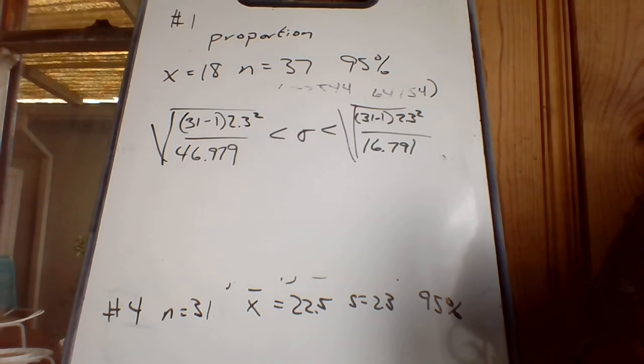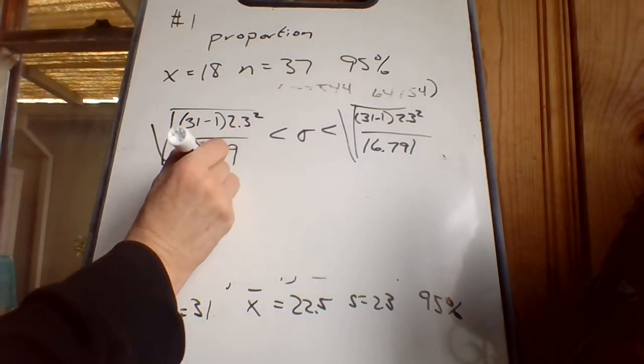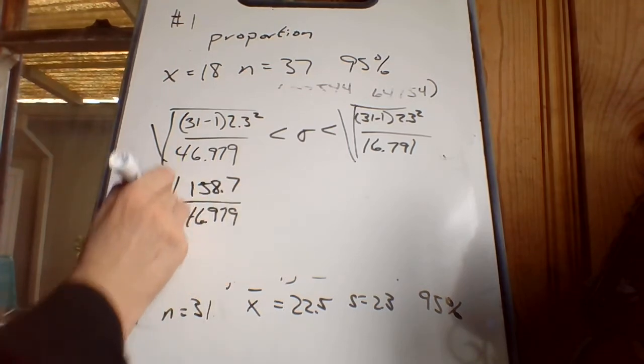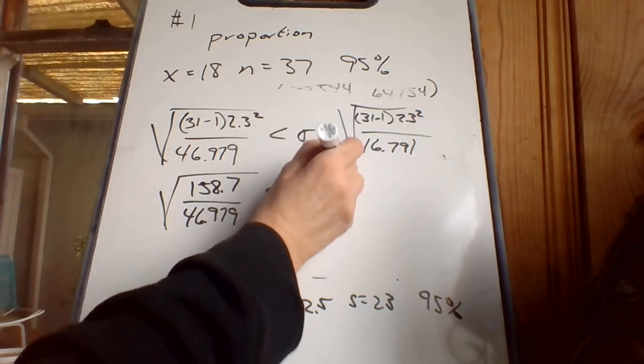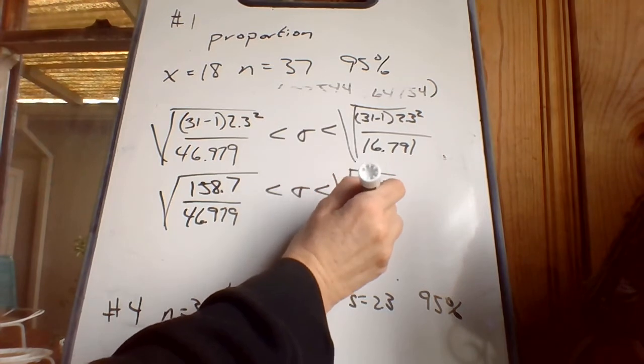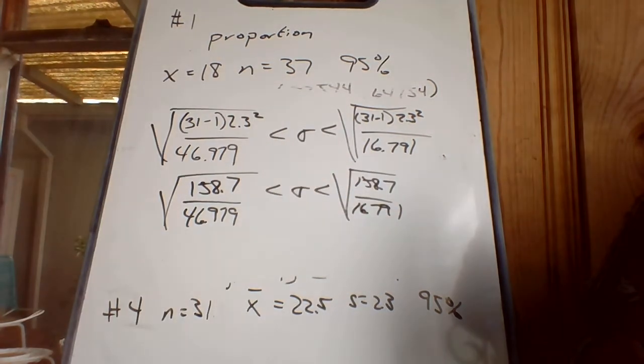Okay, so let's see. 2.3 squared times 30 is 158.7. All right, 158.7 divided by 46.979.